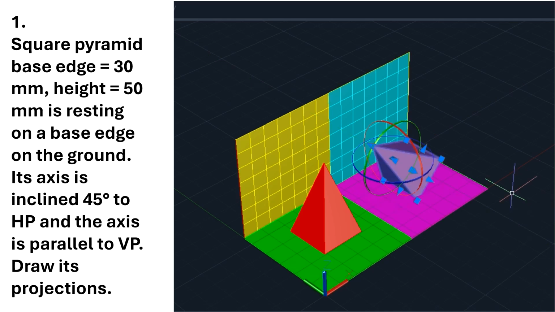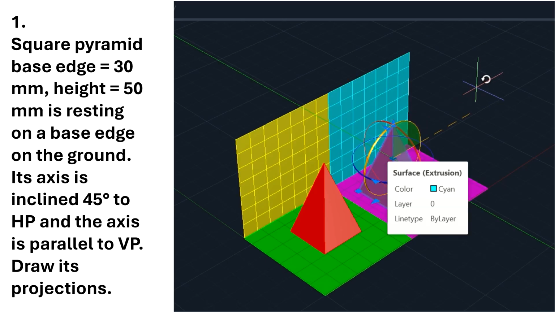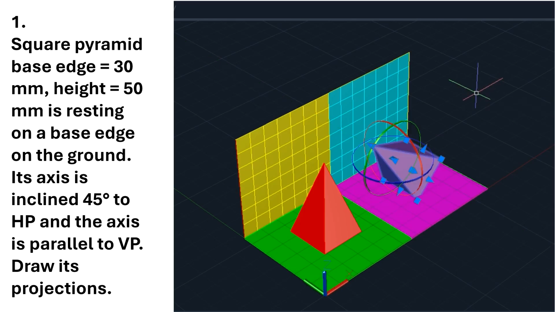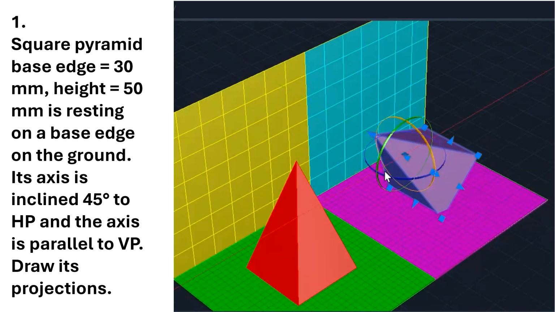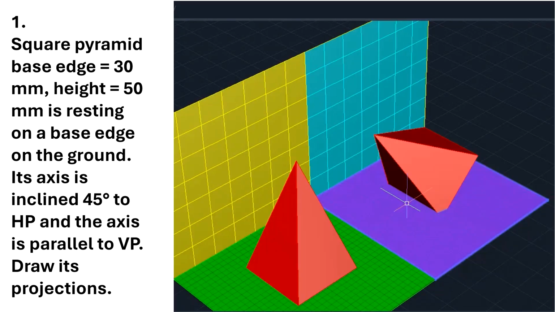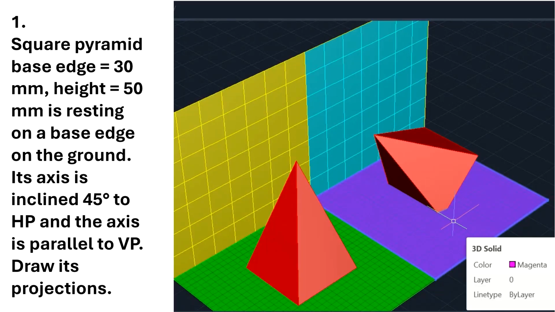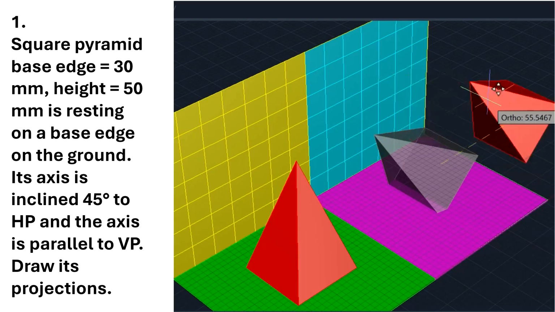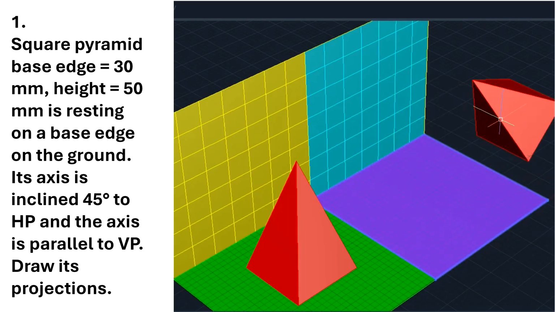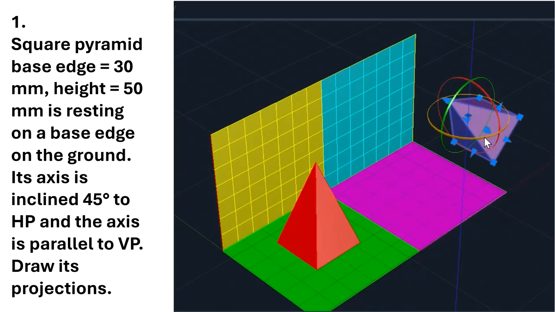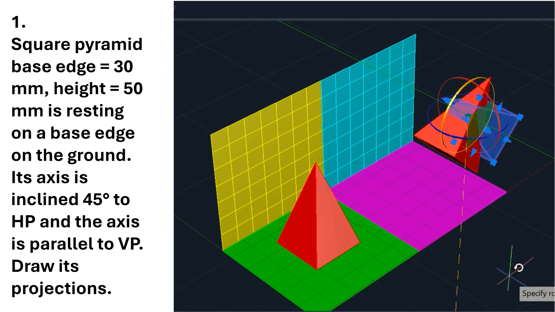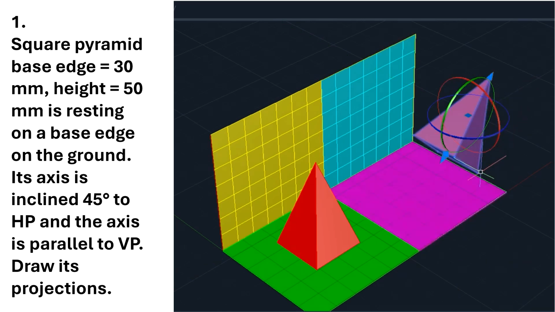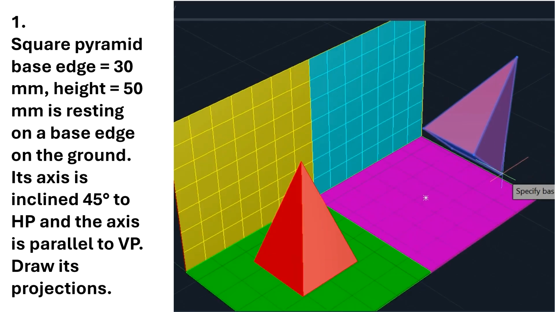If you see, it is rotated 45 degrees this side, but the base is still resting on the horizontal plane. Usually this should be rotated in the other direction like this. So now it is 45 degrees and this base edge is still resting on the horizontal plane.